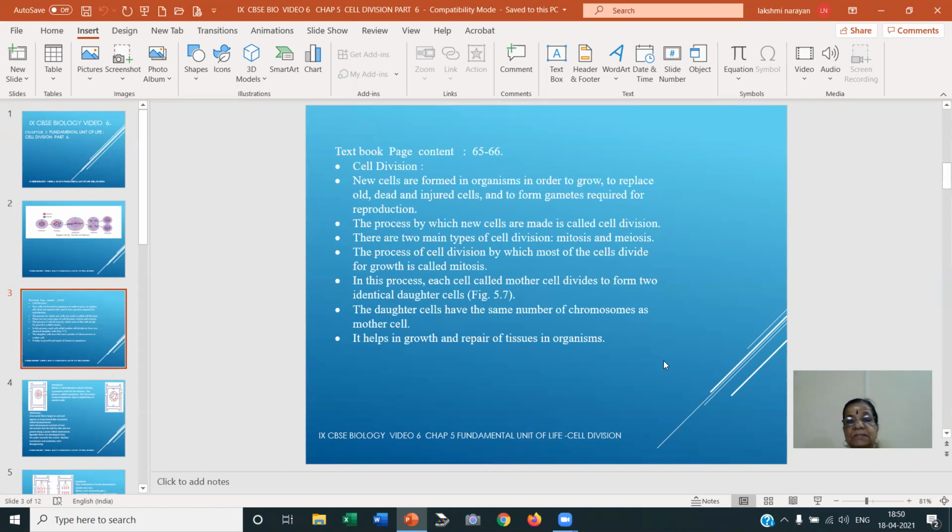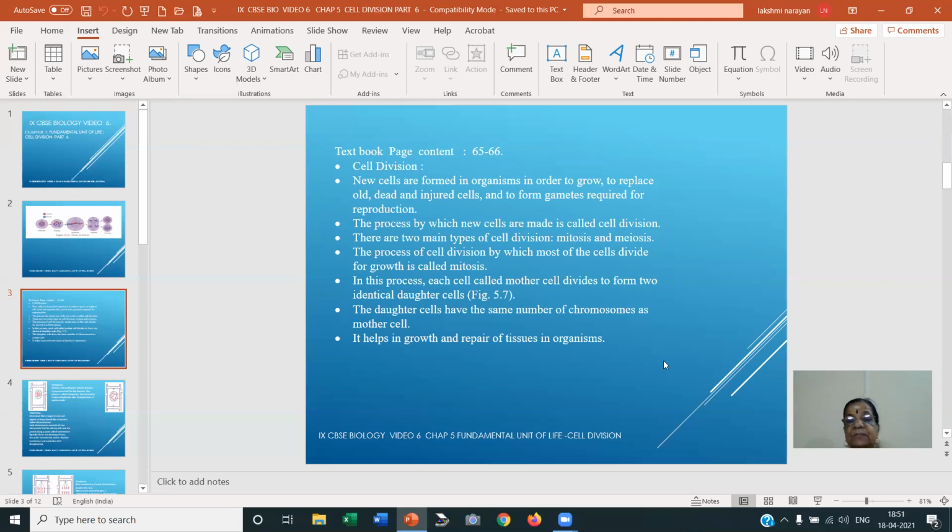In this process, each cell, called the mother cell or parent cell, divides to form 2 identical daughter cells, as in the diagram given in our textbook. I hope you understand this.